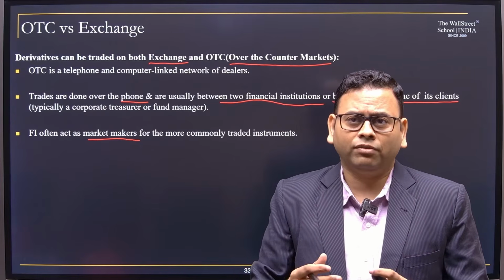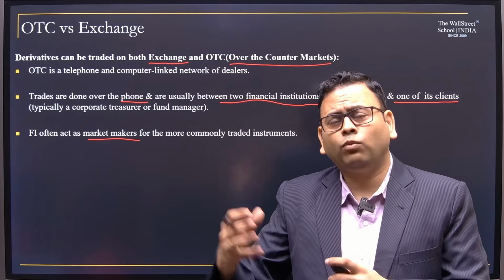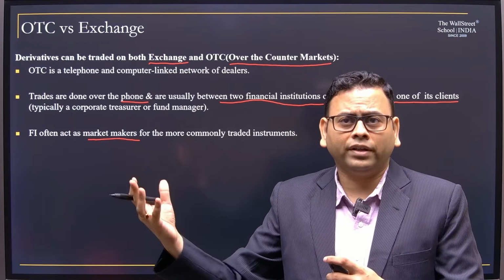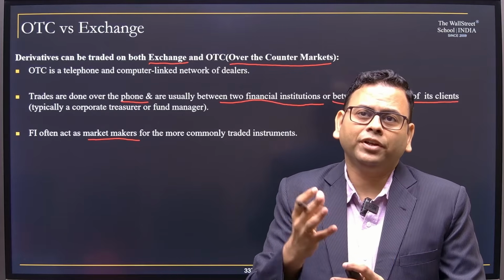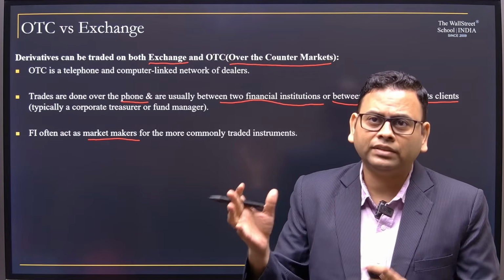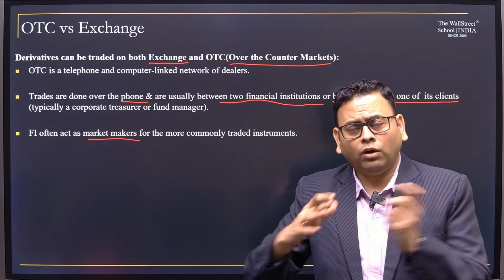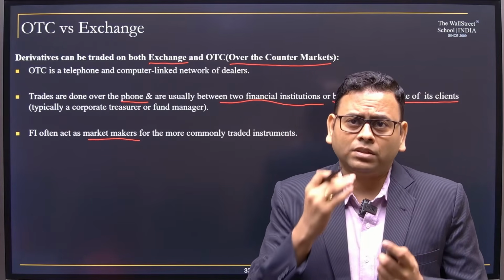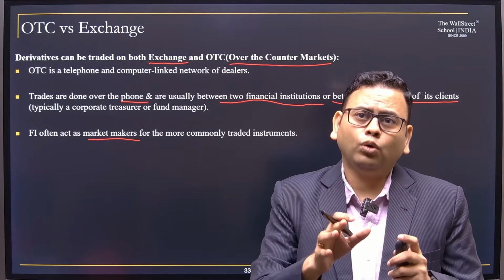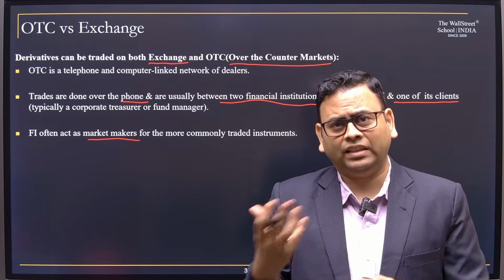Let us say Microsoft wants to buy interest rate swaps and Intel wants to enter into a counterparty agreement, then JP Morgan would act as an intermediary to both Microsoft as well as Intel. On one side you will have Microsoft, on the other side you will have Intel. Microsoft and Intel might not know each other, but they would know whom they are dealing with, which is JP Morgan or any other FI.